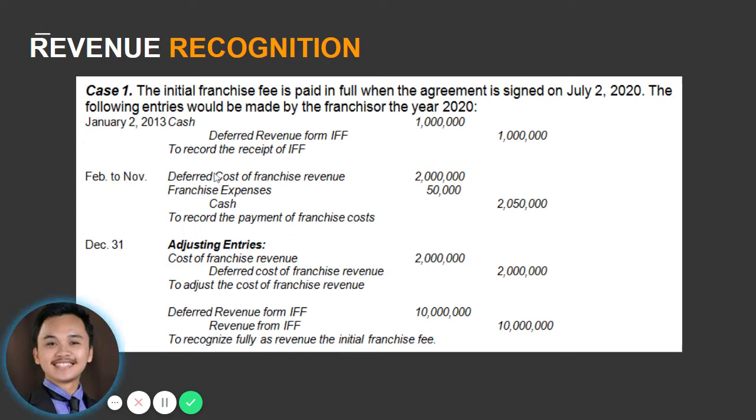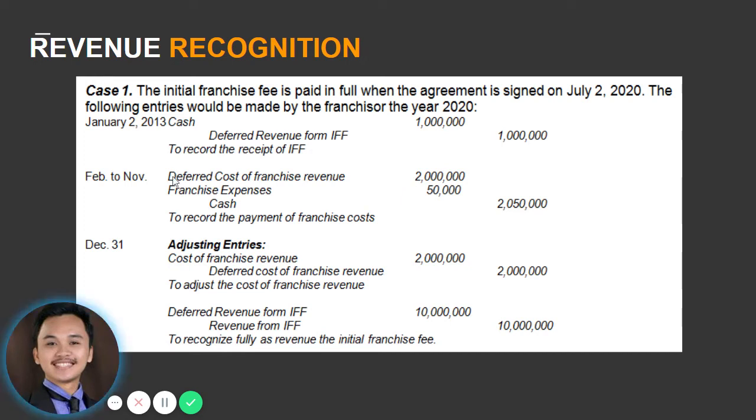Okay? Now, to account for the cost incurred from February to November, take note that we incurred 2 million direct franchise cost and 50,000 indirect franchise cost. So again, the direct franchise cost will be deferred first. We will only recognize the 2 million as franchise cost once we can recognize revenue.